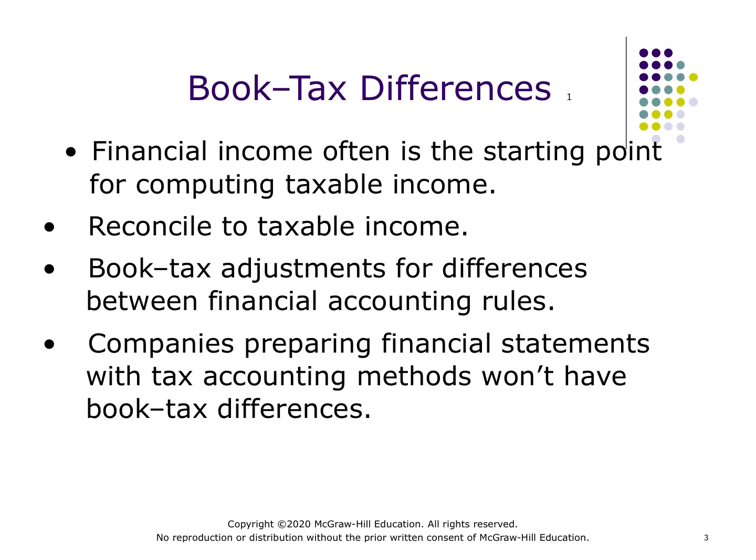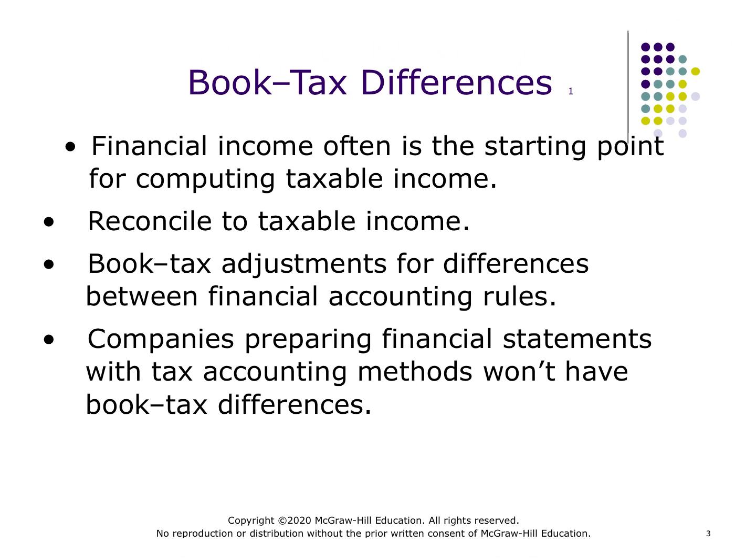The first topic in chapter 5 that we spend a lot of time on are book tax differences. Remember that book tax differences arise because we often start with financial accounting income, and then we have to go from financial accounting income to taxable income.